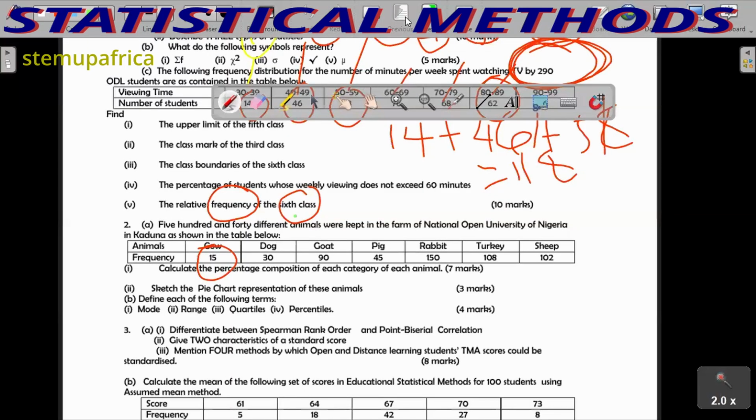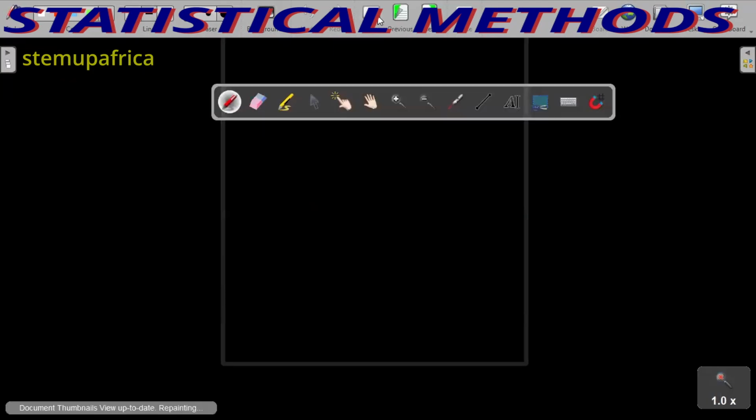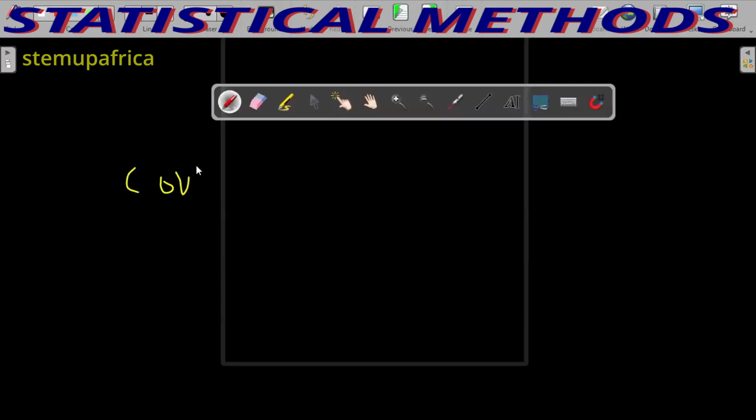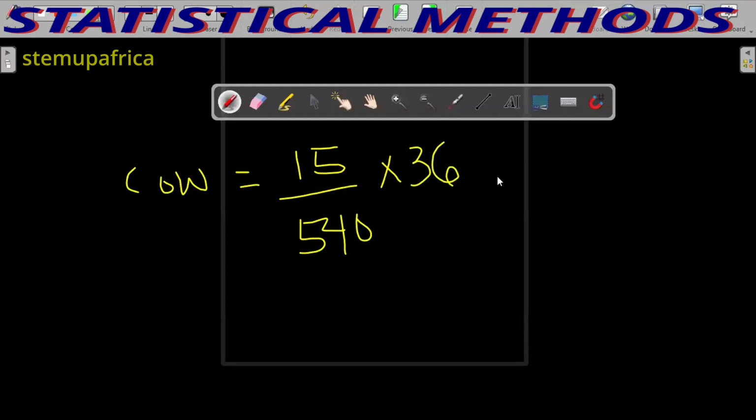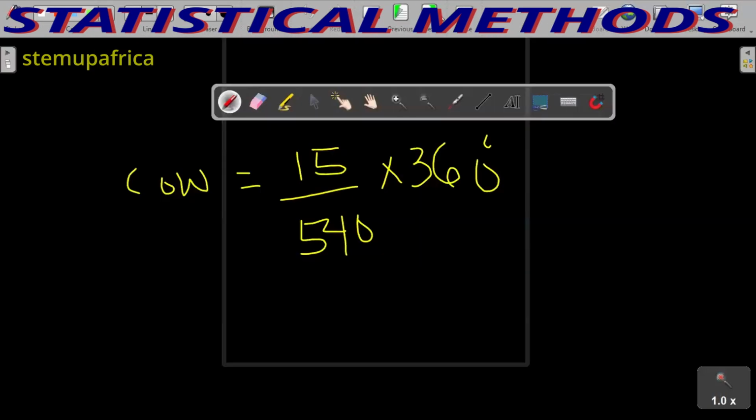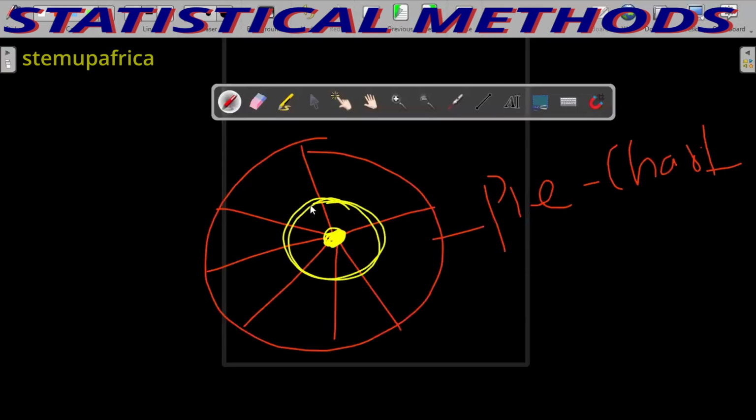So how do I calculate the sector for cow? For cow, I know that the total angle is 360. So for cow, we're going to have 15 over the total, which is 540, times 360 degrees, because we agreed the sum of angles in this circle is 360.